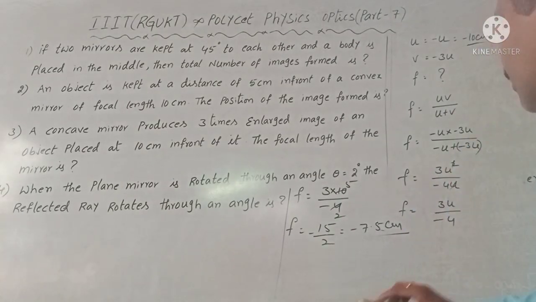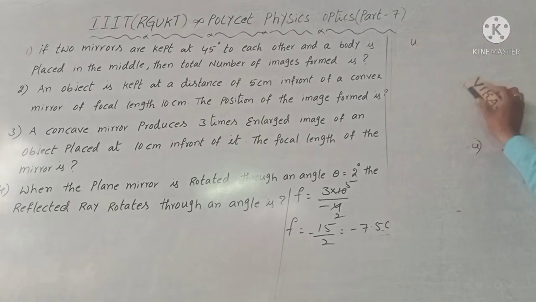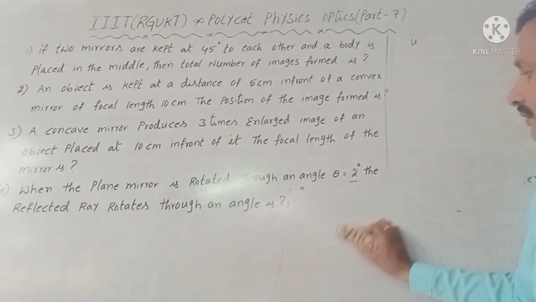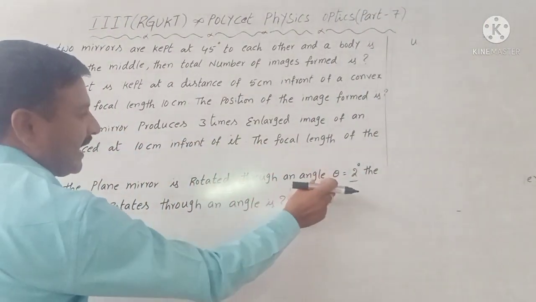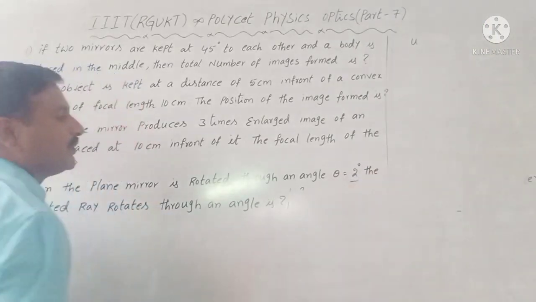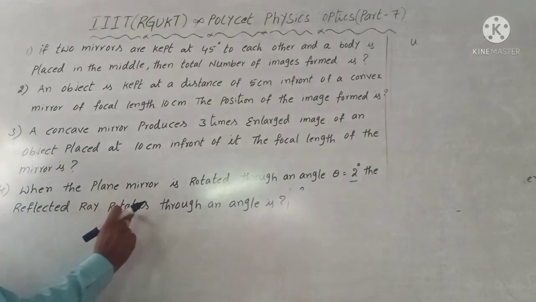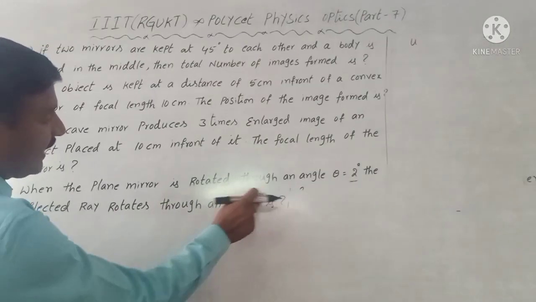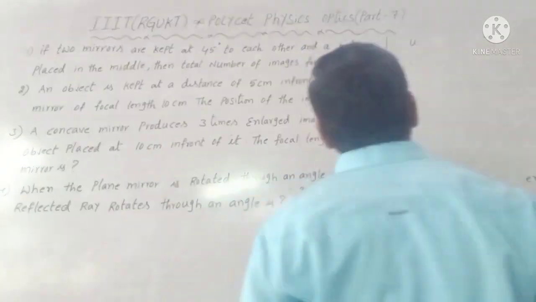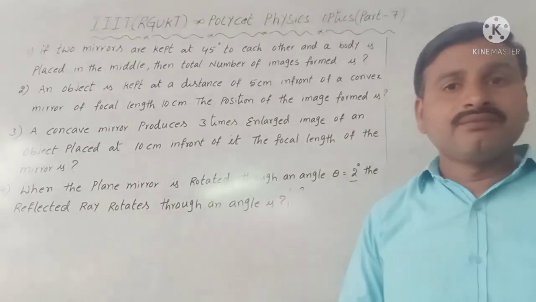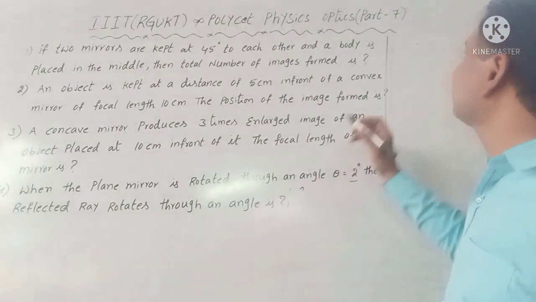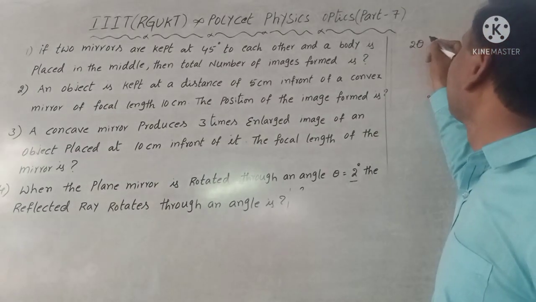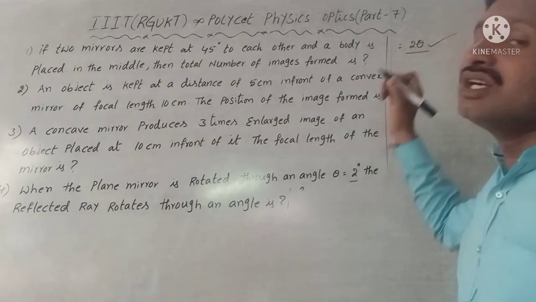And then next we go to the last one. When the plane mirror is rotated through an angle theta equal to 2 degrees, the reflected ray rotates through an angle of how much? 2 theta. The reflected angle is 2 theta.